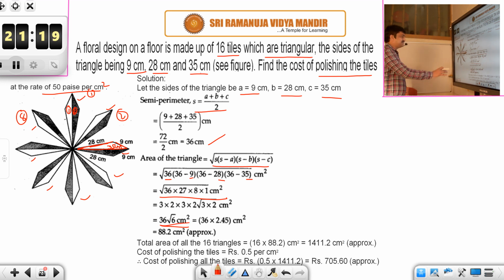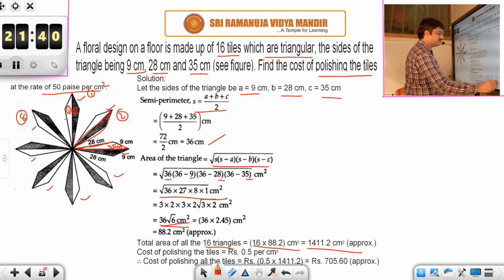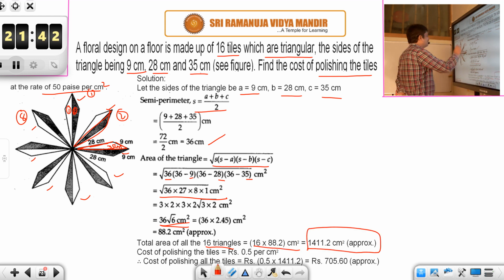Now this is the area occupied by each tile. But in total, how many tiles are there? There are 16 such triangles, right? So the total area will be 16 times each triangular area, so you need to multiply by 16. So this will be the total area occupied by this entire floral design.